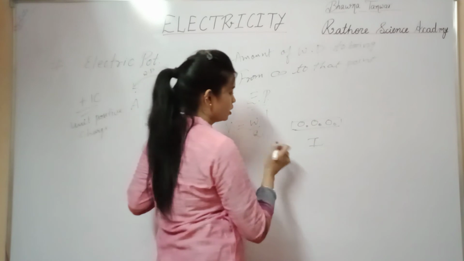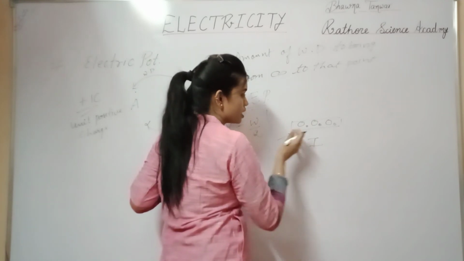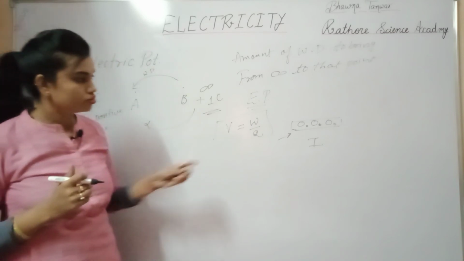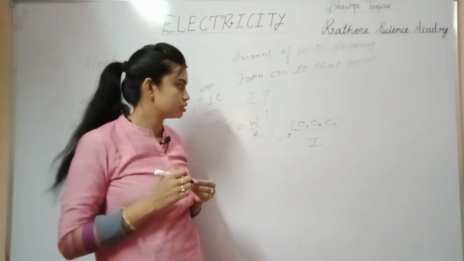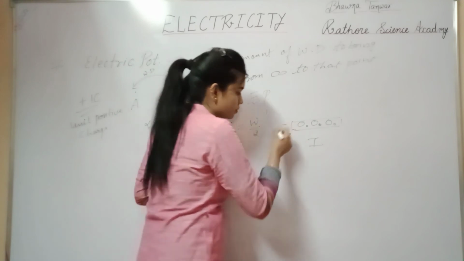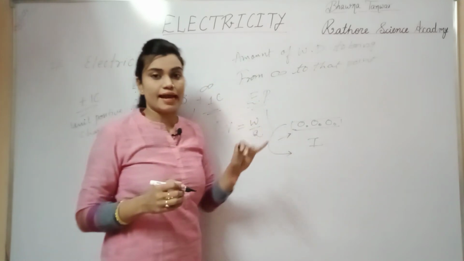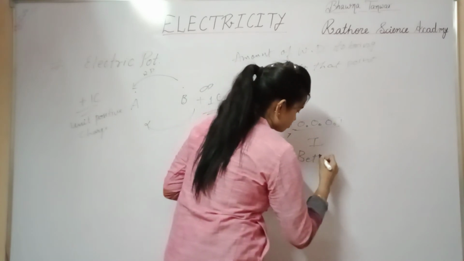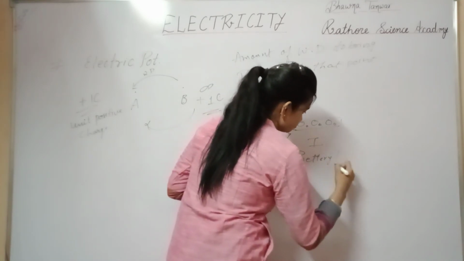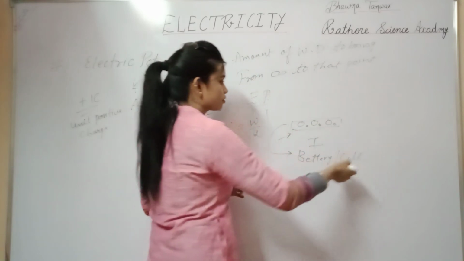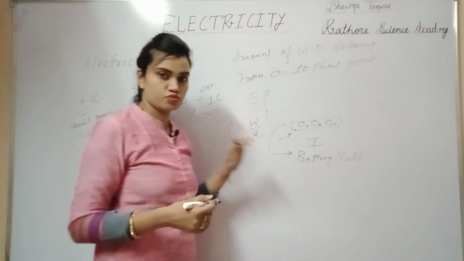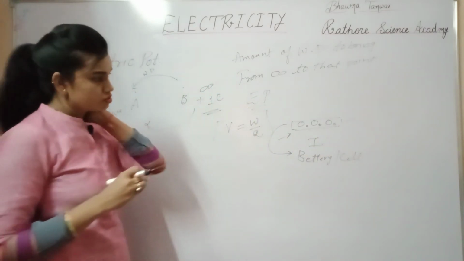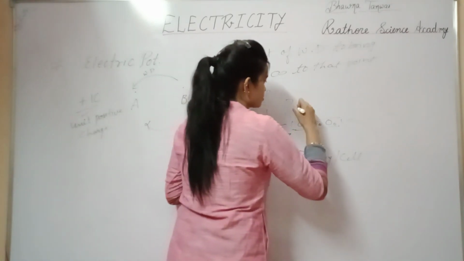That means the force which allows them to move from one point to another point is the potential difference. And that force we get through a battery or cell. When we connect this with a battery or cell, this force is produced, due to which the electrons move from one point to another point.